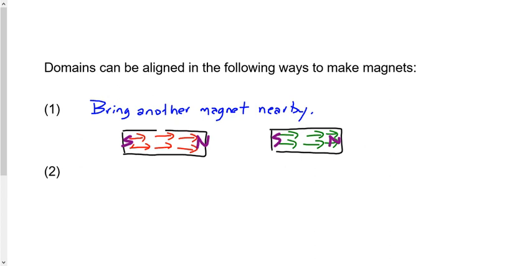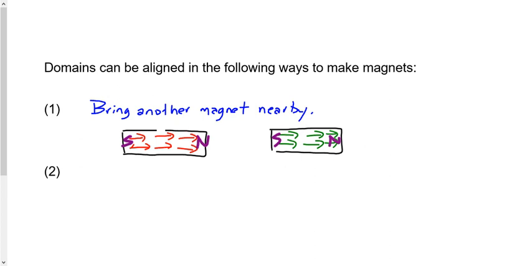That's why when you take the fridge magnet and you put it against the fridge, it sticks to it, right? It temporarily aligns domains in the steel refrigerator door, which turns that one section of the steel refrigerator door into a magnet with a polarity that causes an attractive force with that permanent magnet, that fridge magnet that you stick against it. So bring another magnet nearby, cause an alignment of the domains.